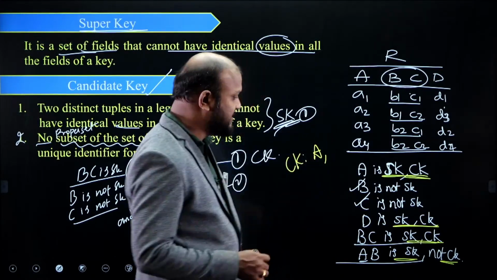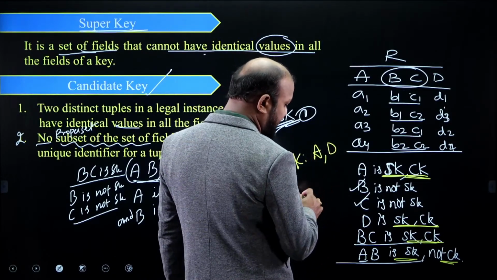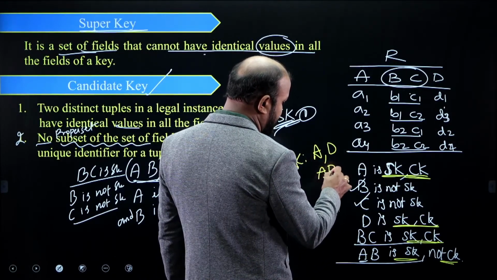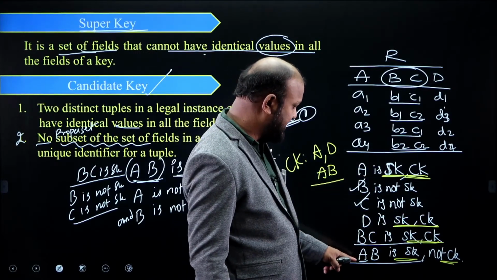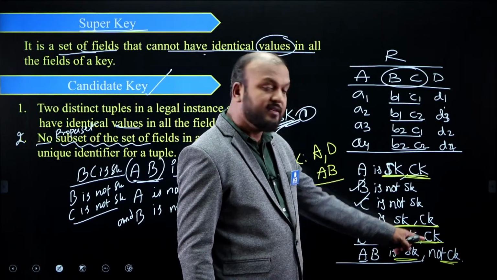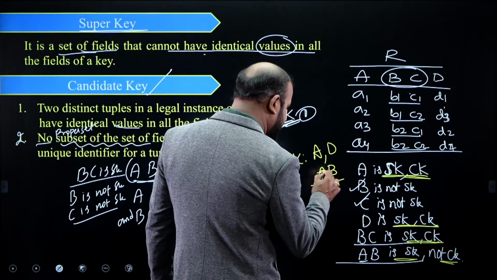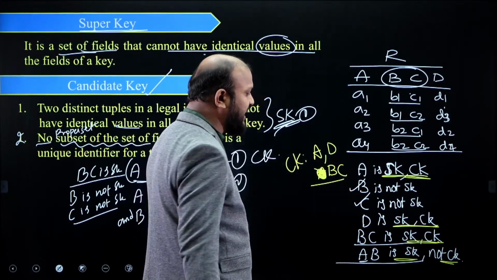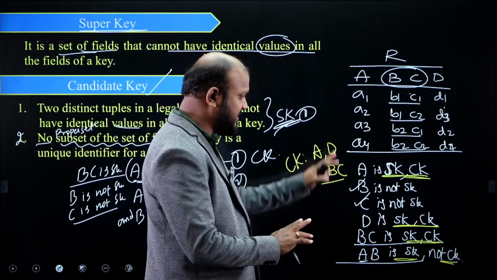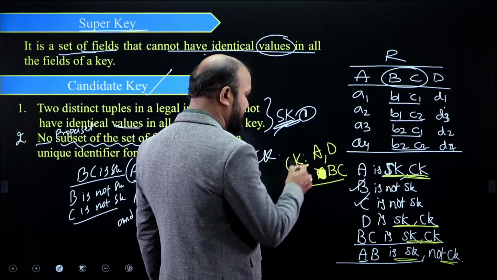For this instance, A is a candidate key, D is a candidate key, AB is not a candidate key, and BC is a candidate key. So how many candidate keys do we have? A, D and BC, just in this example.